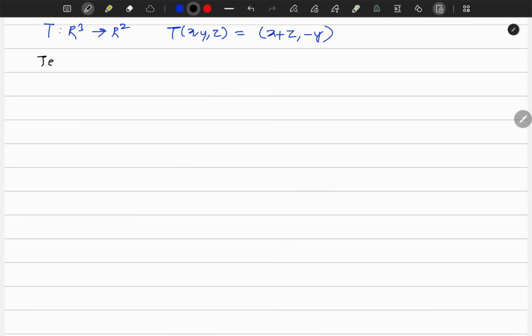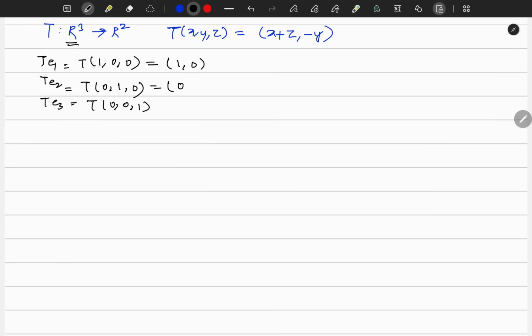As I told, T of E1, T of E2, T of E3, because R3 has 3 basis elements. So that is T of (1, 0, 0), T of (0, 1, 0), T of (0, 0, 1). So that is (1, 0), that is (0, minus 1), this is (1, 0).